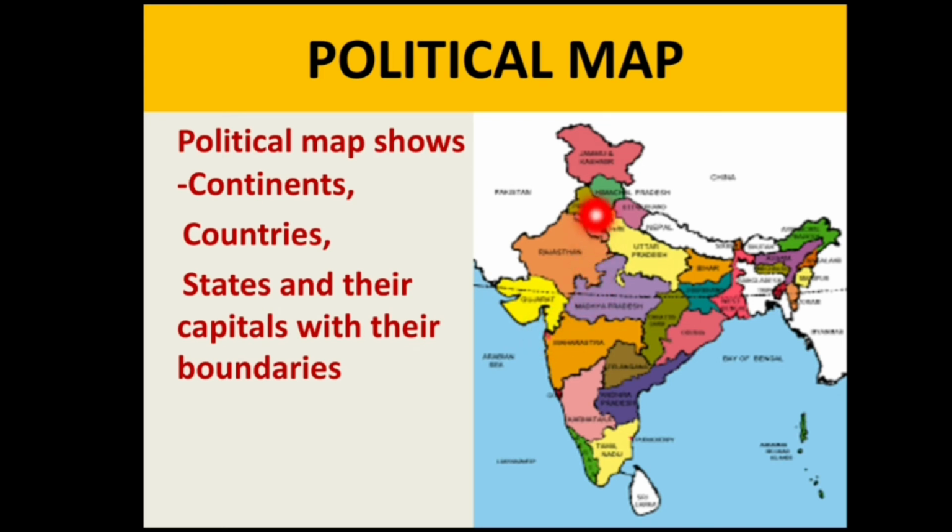So we can easily see which states are connected with which state, how big the state is, and which state is nearby Madhya Pradesh or Rajasthan or Gujarat. So this is a very useful map. This is called a political map.